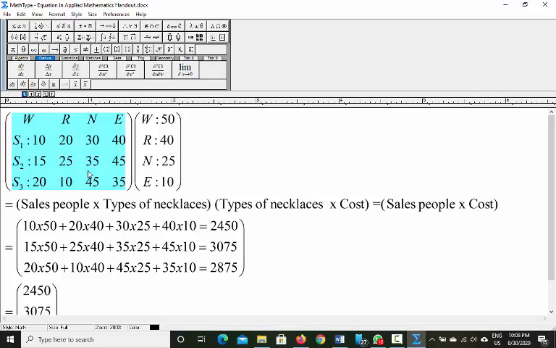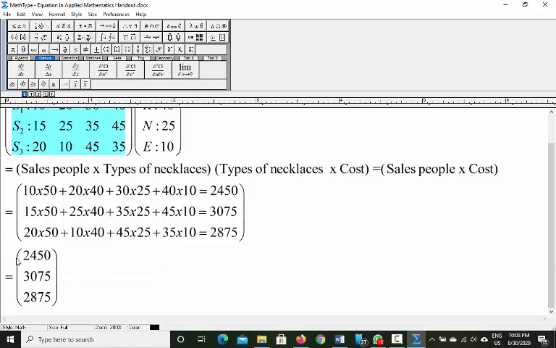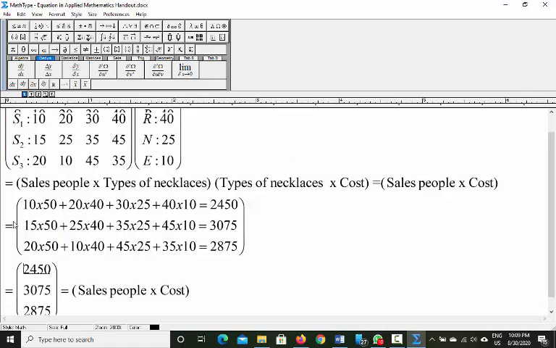So like that way, if you multiply these two matrices, we will get this one. So what is this one representing? In the row we have salespeople, and in the column we have total cost.